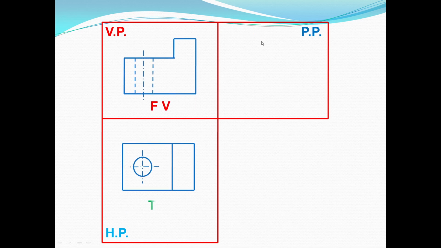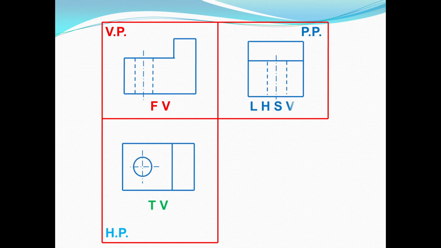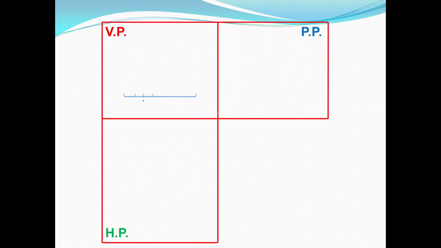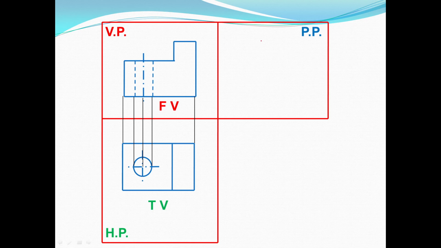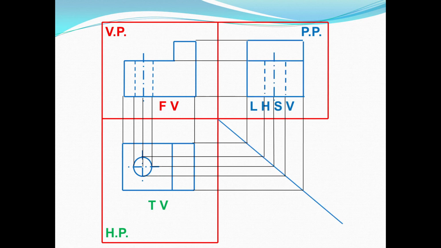So it becomes vertical plane, horizontal plane, profile plane. Projections in the vertical plane, horizontal plane and profile plane, when made on a single plane, give the front view, top view and the projections of the side view, left hand side view.